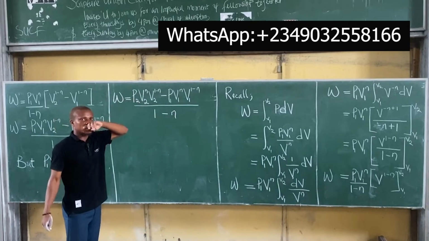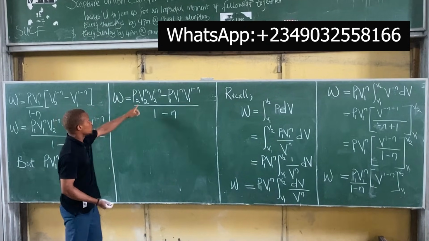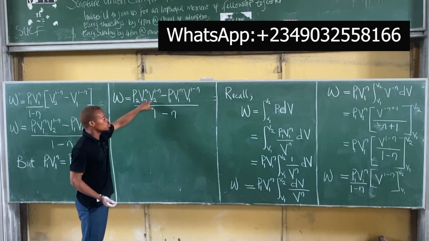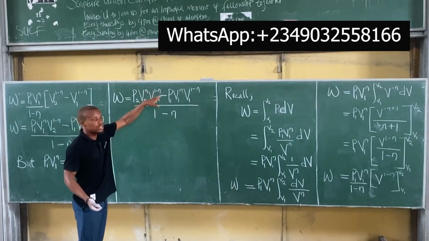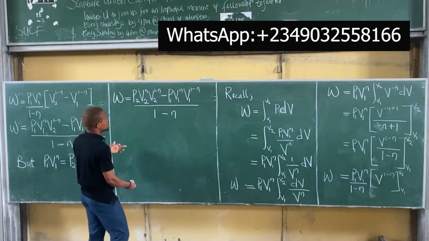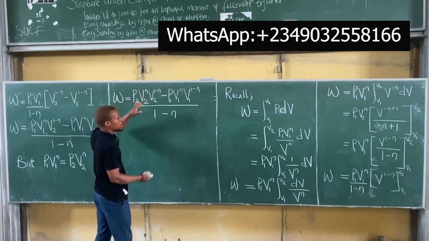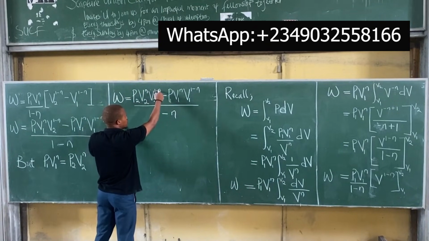So we can then simplify this using our law of indices. They are both the same, V2, V2. So I can pick one V2 and simplify the power. Since they are multiplying, I can add the powers, n plus 1 minus n.